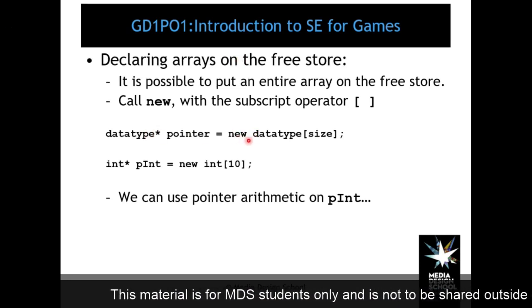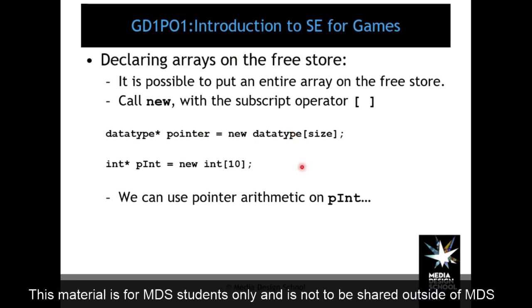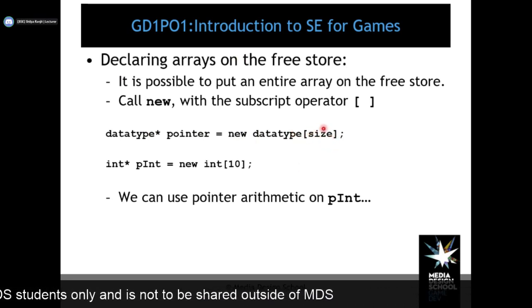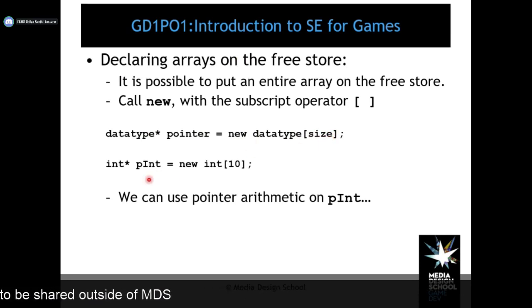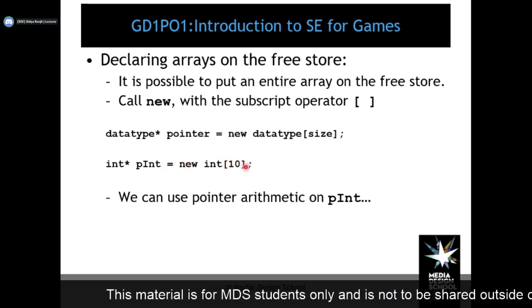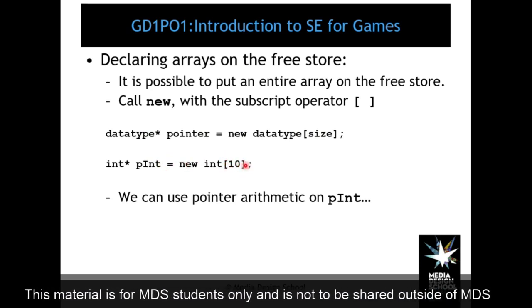So you have new, the data type, and the size in square brackets, the way you would do for a normal array. Here as an example, we have int asterisk p int is equal to new int and the size in square brackets. The square brackets are not given beside the pointer variable. They're given when you obtain the memory.